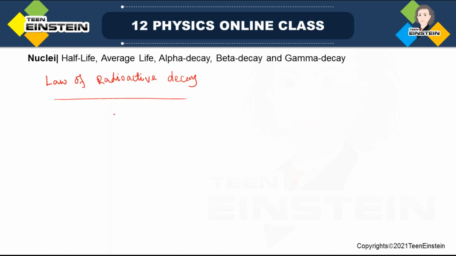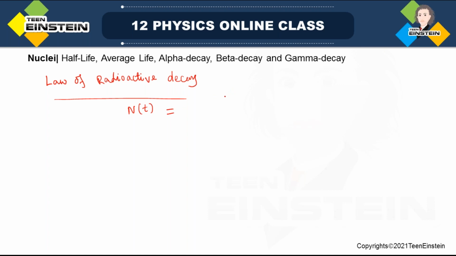This law of radioactive decay we had derived that day: if you have a radioactive nuclei and it starts decaying spontaneously, then after a certain time t, you will have a number of nuclei left in that particular substance.